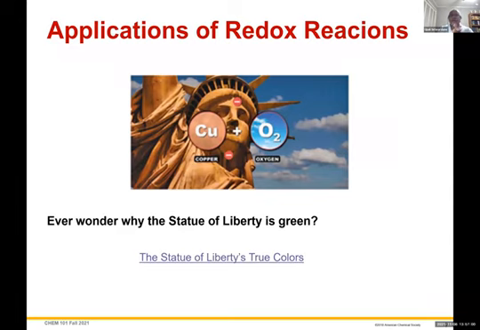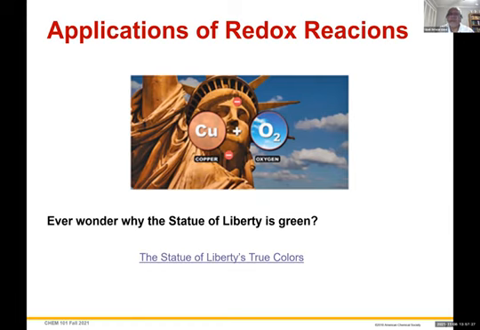Now I'm going to show you this, a change in the topic. The Statue of Liberty, when they made the statue, it was copper. Copper has a nice reddish brown color. When you polish copper, it's as in the picture.